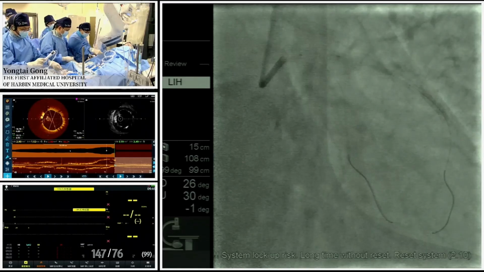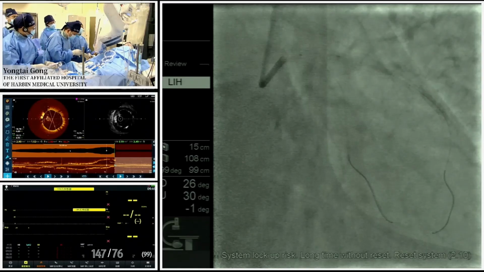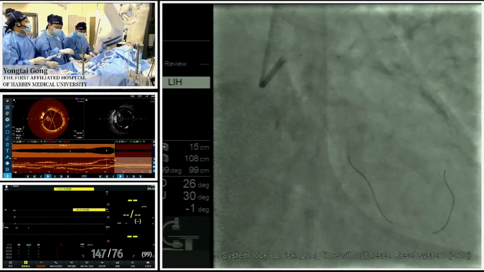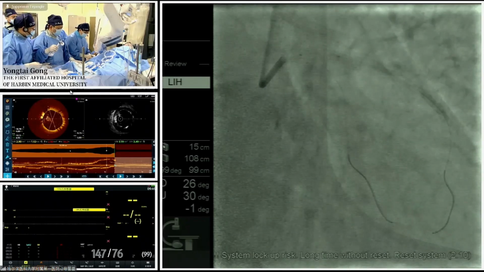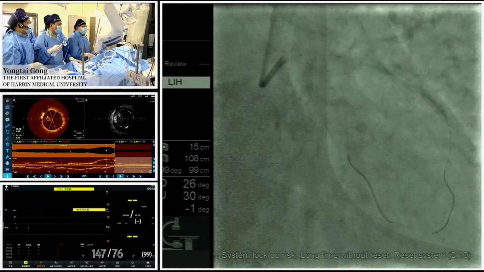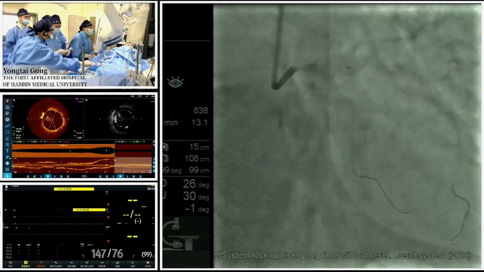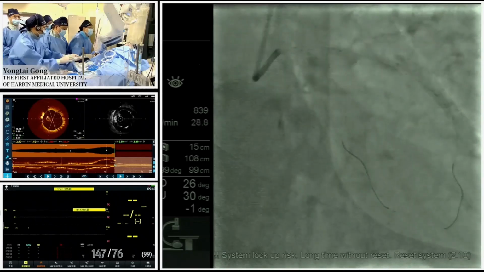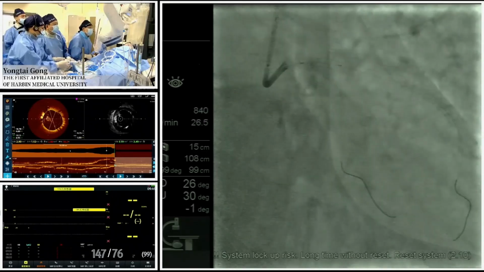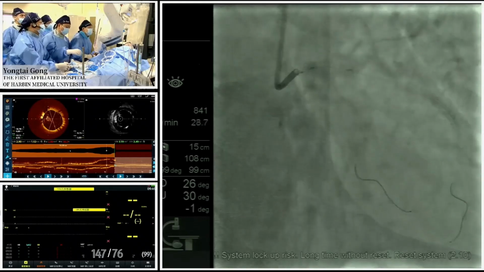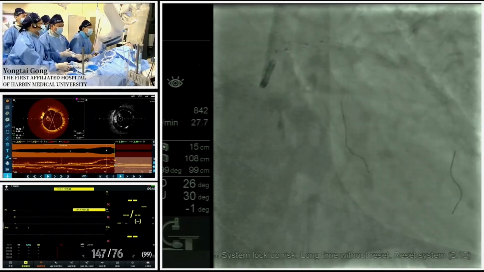Yes. 4.0 in the left main. You know, when we do the KBI, we cannot give the pressure too high, right? Yes, even a lower pressure, about 8 to 12 ATM, just to make sure the stents can be well expanded and it doesn't cause any other complications. That'd be good enough.